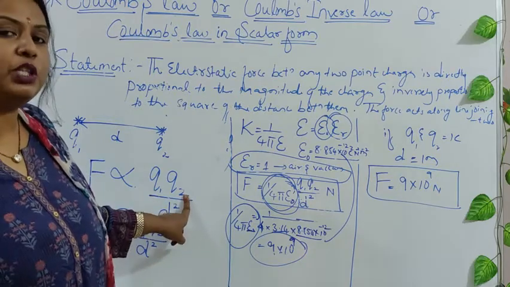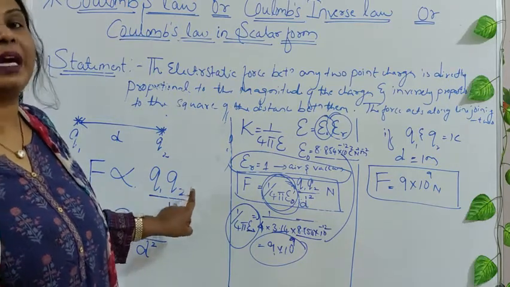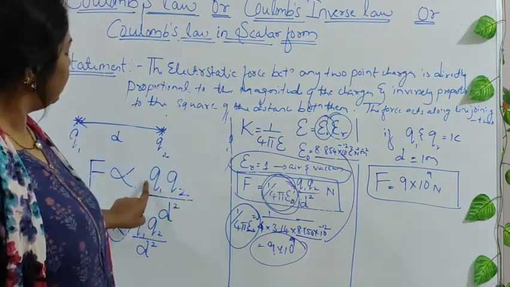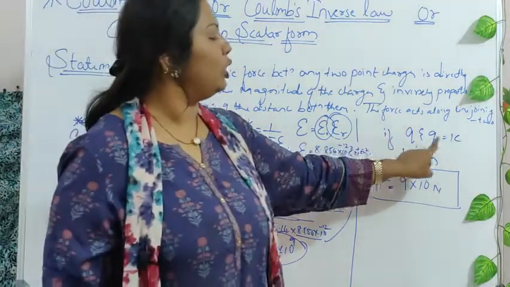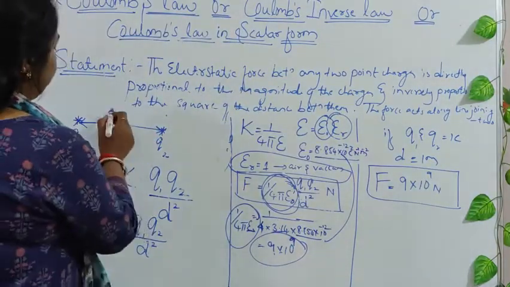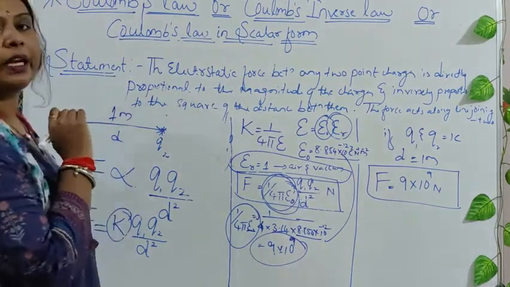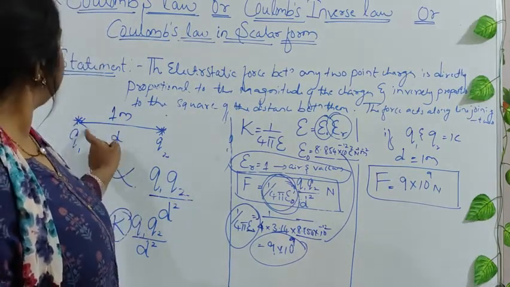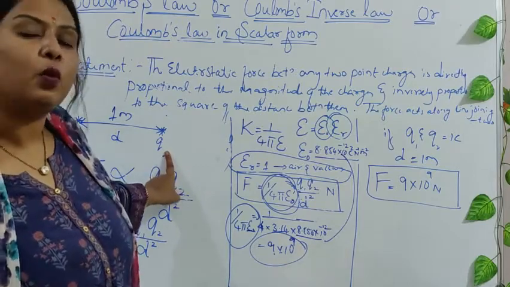What does unit positive charge mean? A charge whose magnitude is 1 is called a unit positive charge. Say Q1 and Q2 are equal to 1 coulomb, and the distance between them is 1 meter.